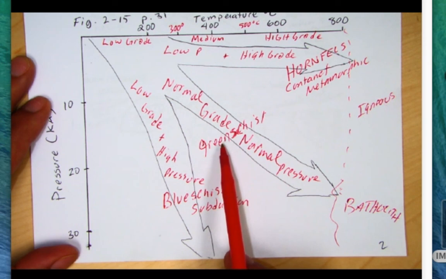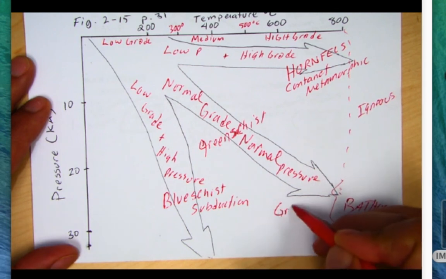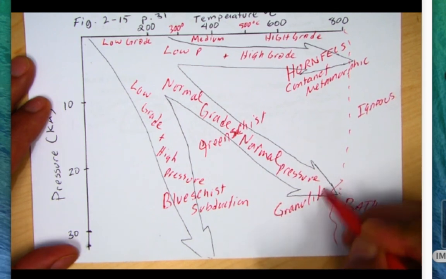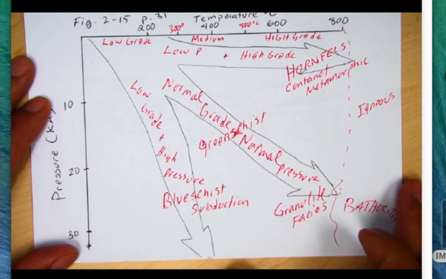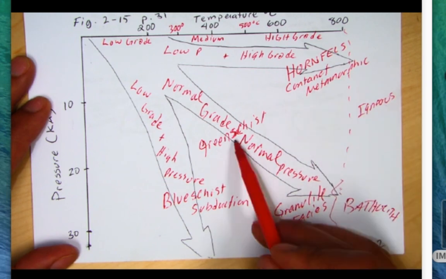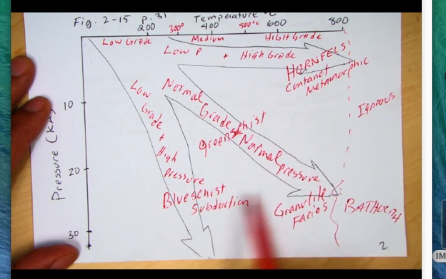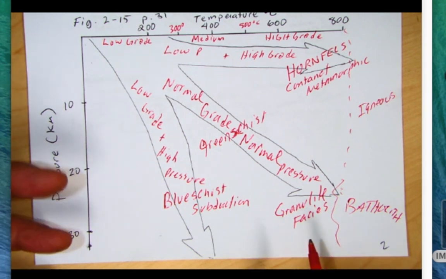Once you go pretty far down, there's a field over here called granulite. And granulite facies, remember, a facies defines a group of rocks or minerals that specify pressure temperature conditions. So we have hornfels facies, greenschist facies, blueschist facies. Granulite facies describes high pressure, high temperature. Usually this is occurring near the roots of a batholith, or maybe where two continents are colliding.